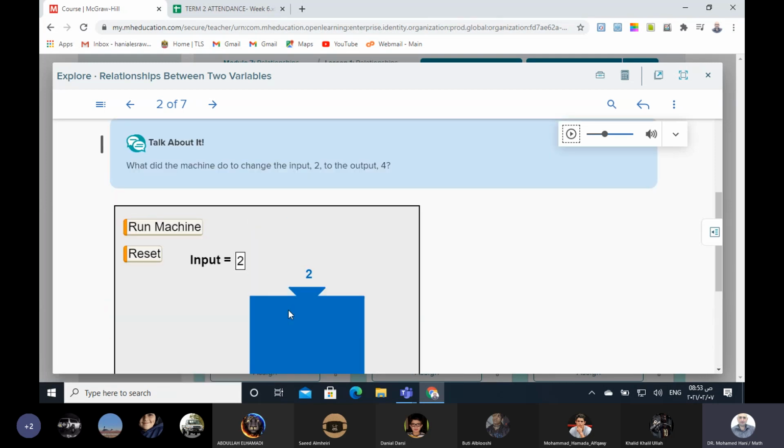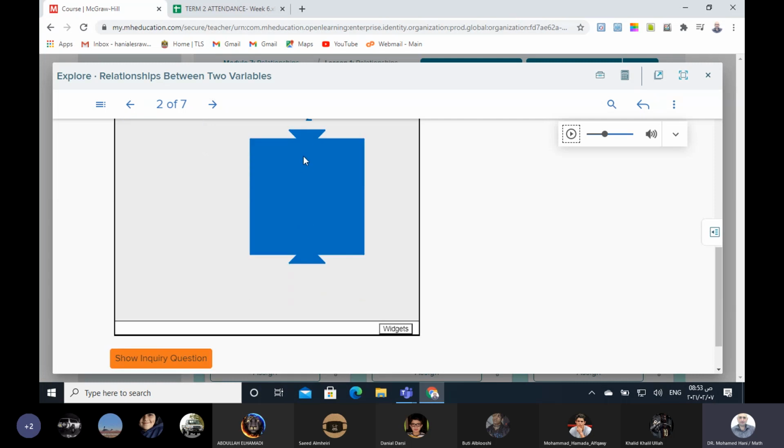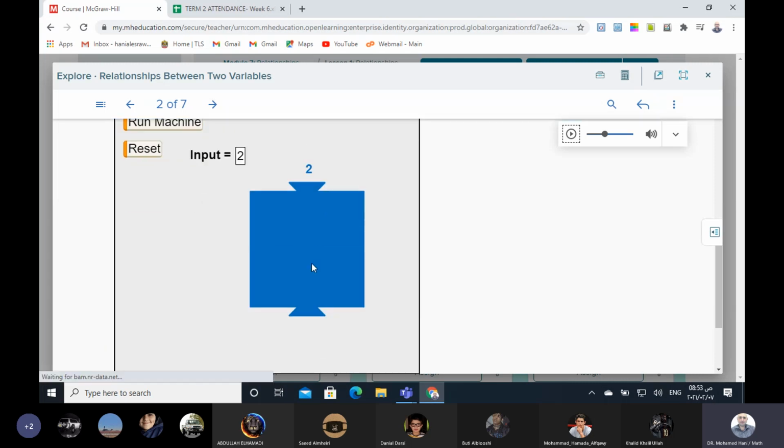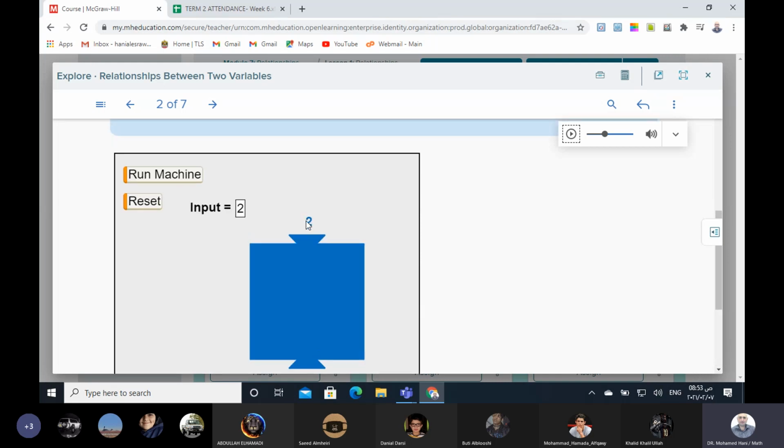Here, as you see, we have a machine. Here we have the run machine. Here we have the input. When you put 2 in this machine, this is the meaning of input. And here we have the answer. Here we have the output.